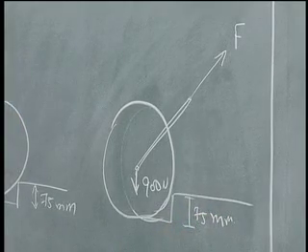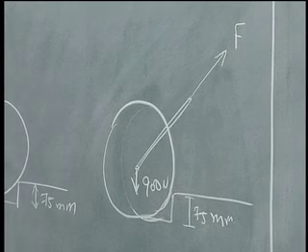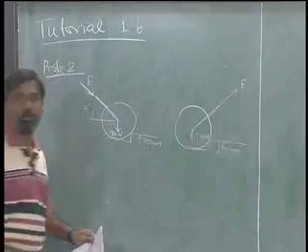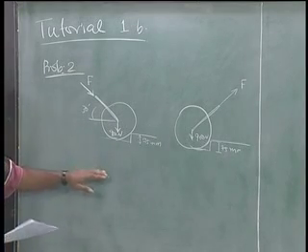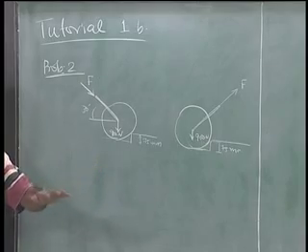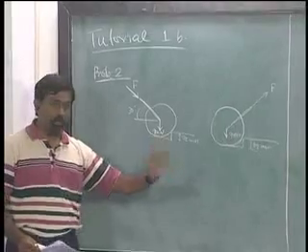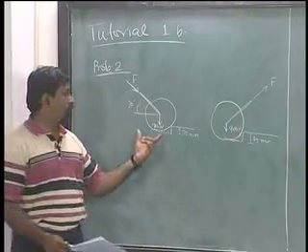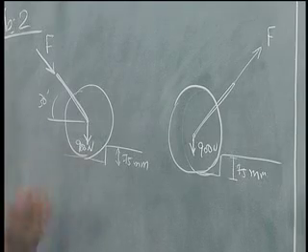The radius and all those are given. You already have it in your tutorial sheet. How do I go about it? The first magic is always drawing the free body diagram. That reveals quite a lot of information related to the decision that we have to make, whether to push it or to pull it.